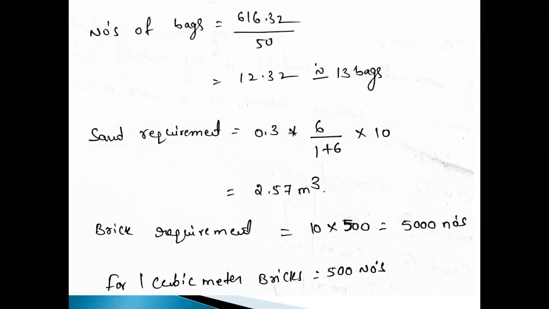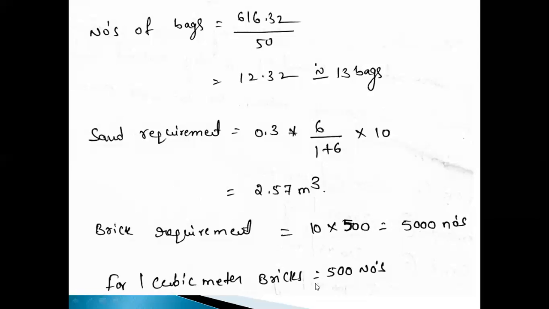Next one, the brick requirement. It is equal to quantity, 10 cubic meter here, into 1 cubic meter bricks equal to 500 numbers. So 10 into 500 equal to 5000 numbers of bricks required for the 10 cubic meters.